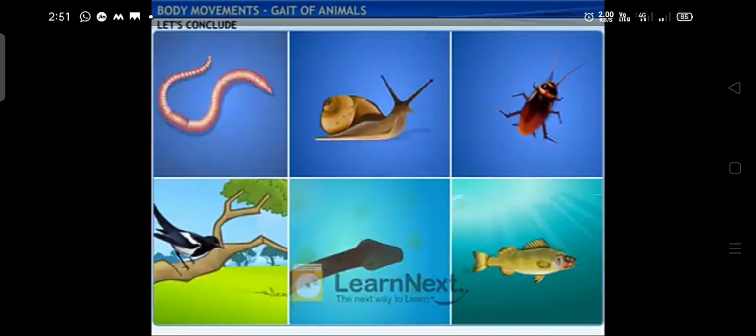So understand how these are moving. You have now studied how the movement takes place in these animals. Okay, so watch the video and understand the concept, and we can discuss in the next Zoom class.